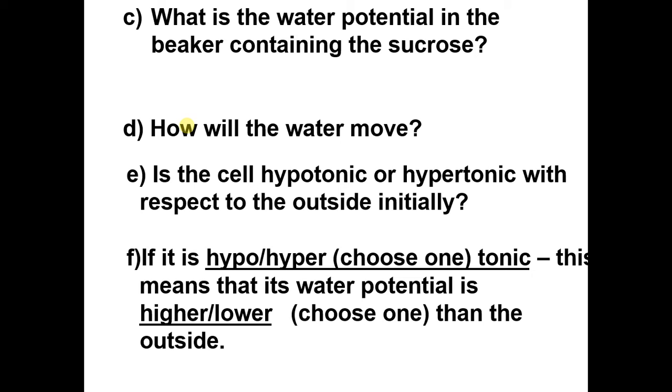Now, is the cell hypotonic or hypertonic with respect to the solution? Well, if the cell has a higher water potential, it's going to be hypotonic, because things move from hypotonic into hypertonic solutions. So the cell is hypotonic and the outside solution is hypertonic.